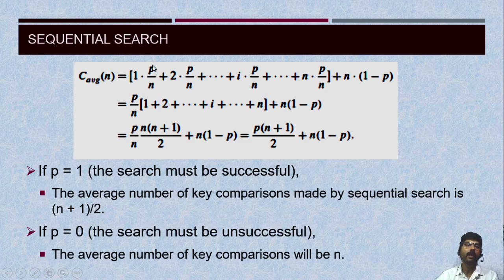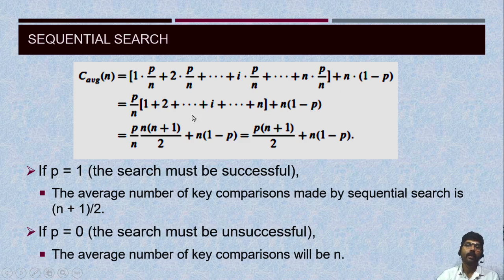If the key does not exist, then the term is n into 1 minus p. When you put p by n outside the bracket, we get p by n times 1 plus 2 plus like that up to n, and the n into 1 minus p stays outside.